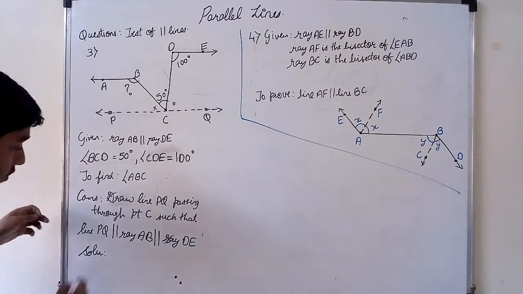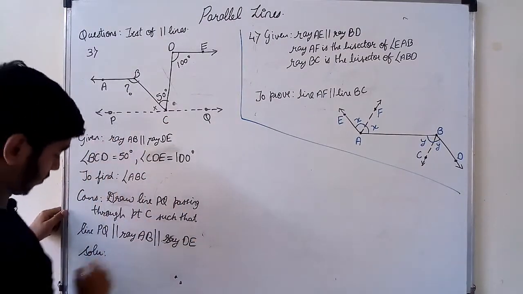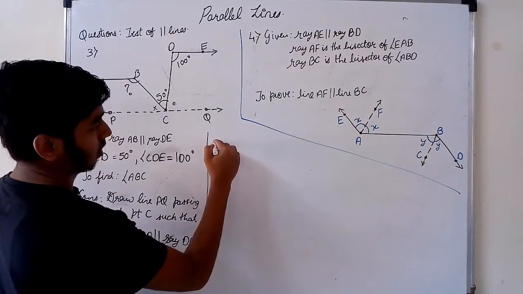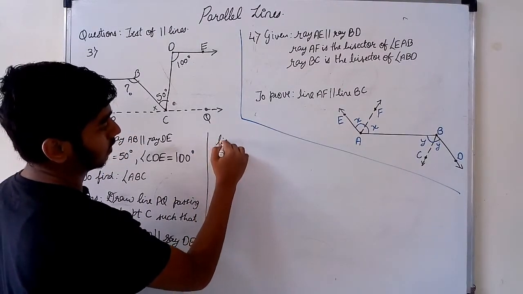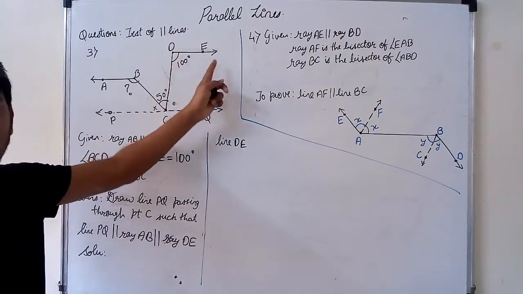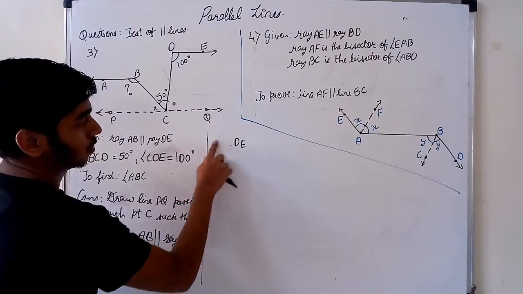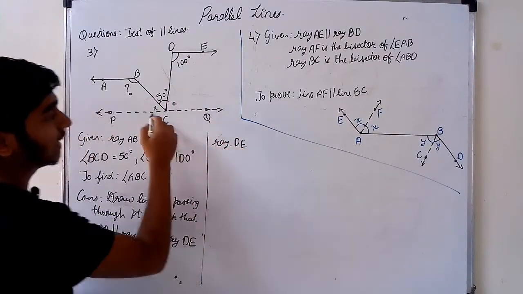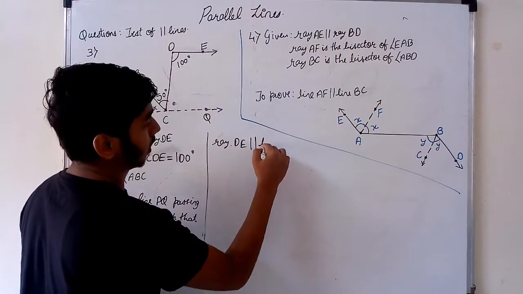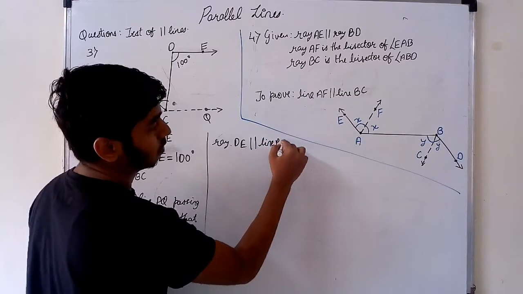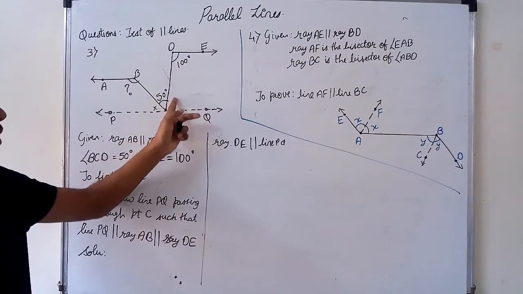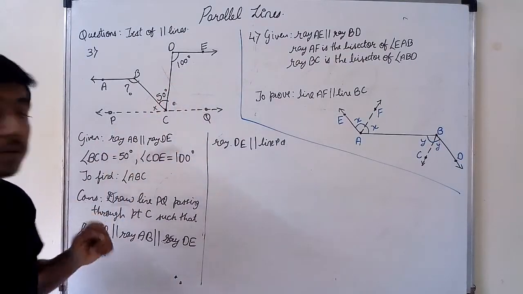Now we know that ray DE is parallel to line PQ. If these two are parallel, can I say that this and this are forming interior angles? Yes or no?